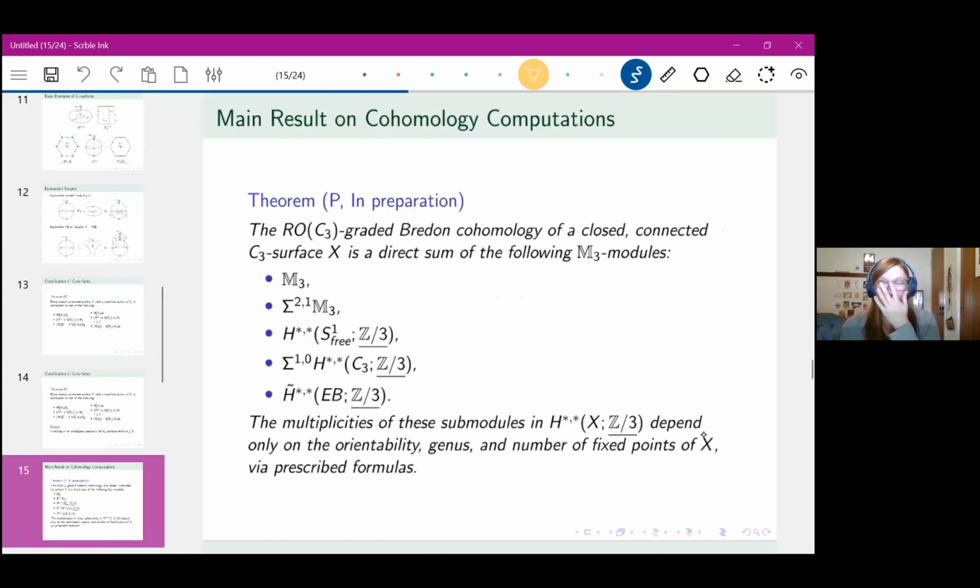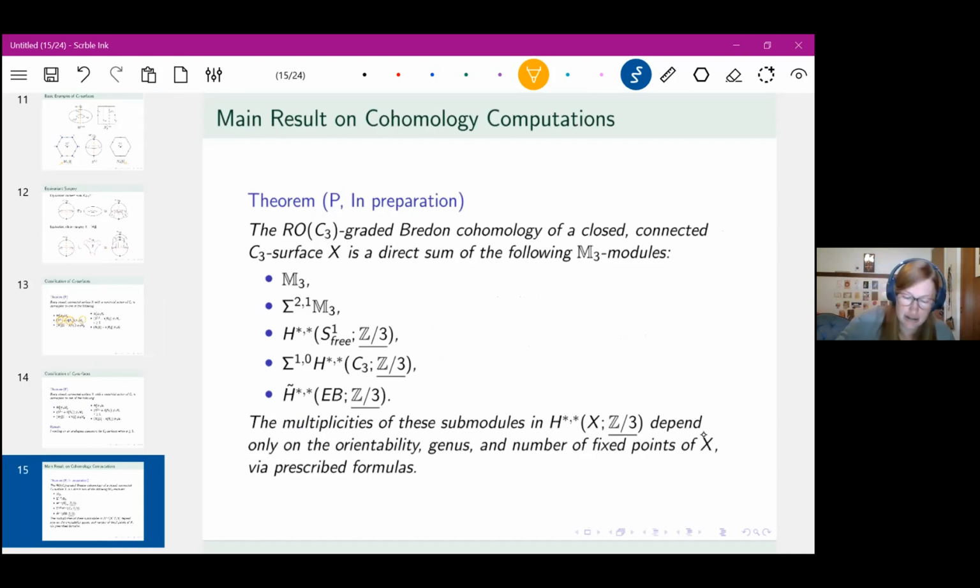So once I have the classification of all these surfaces, I wanted to compute their cohomology, and I did this. And I will just highlight that I computed their cohomologies as modules of the cohomology of a point, which I call M3.